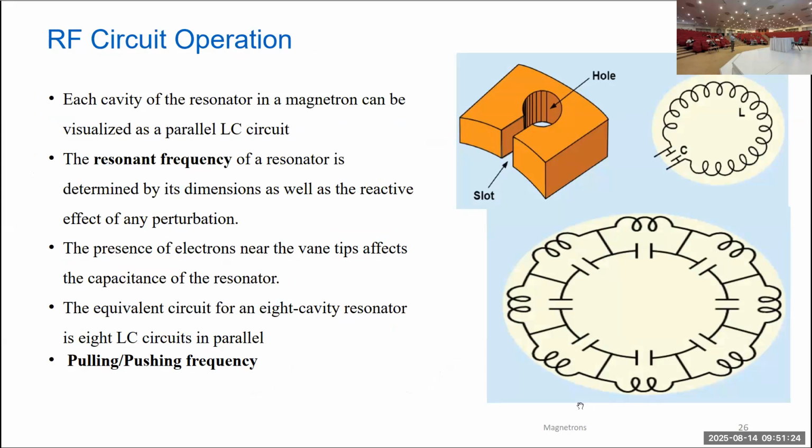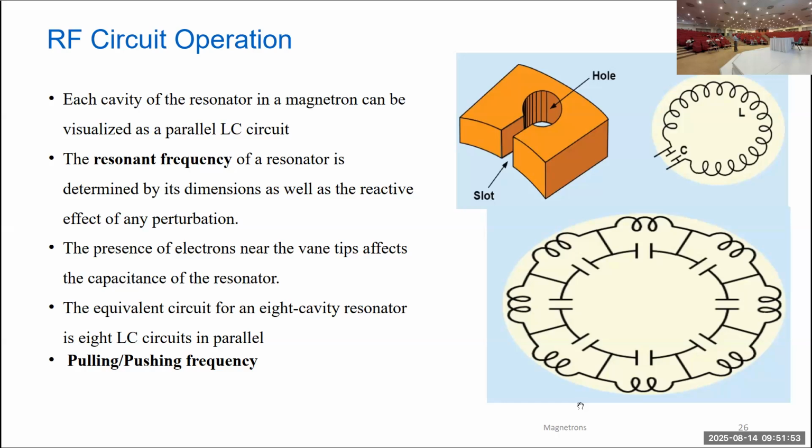The presence of electrons I have discussed. The equivalent circuit of an 8-cavity resonator is shown. When the specified voltages and other parameters given by the manufacturer are deviated, the pulling and pushing effect of the frequency takes place.